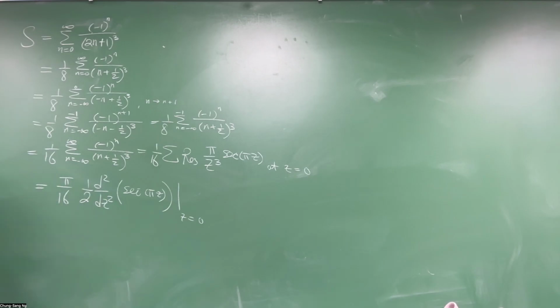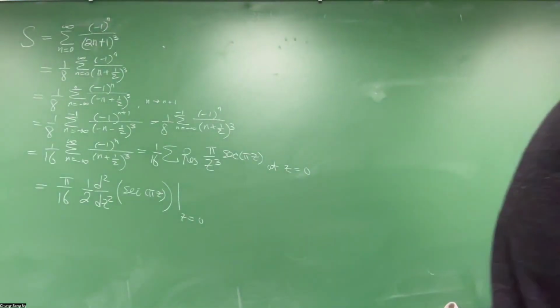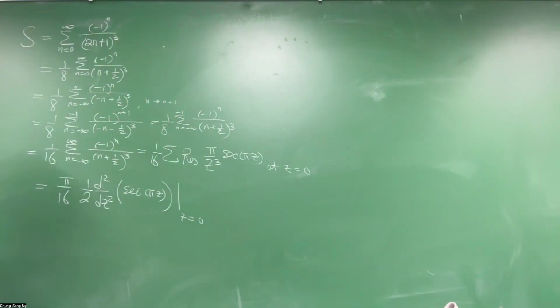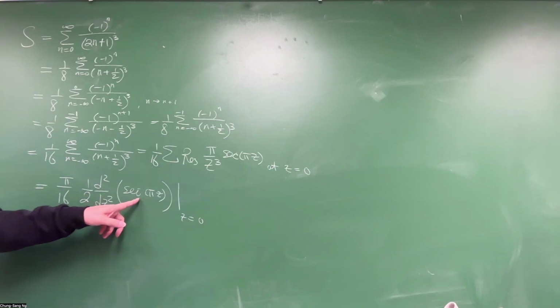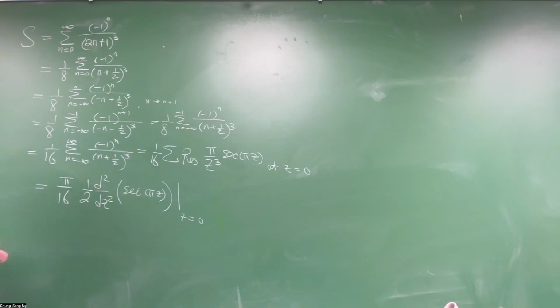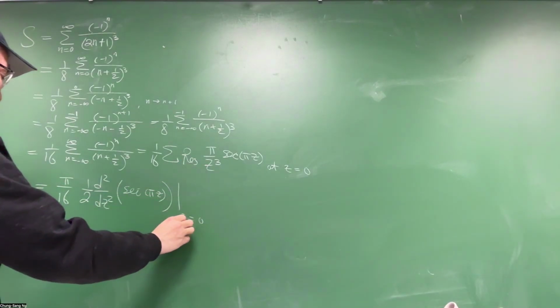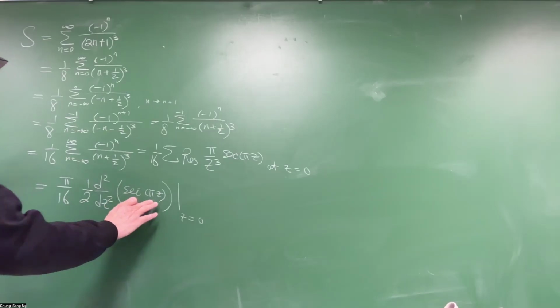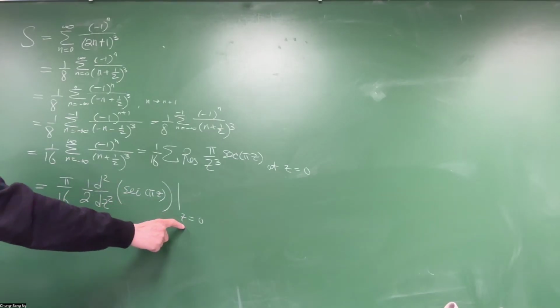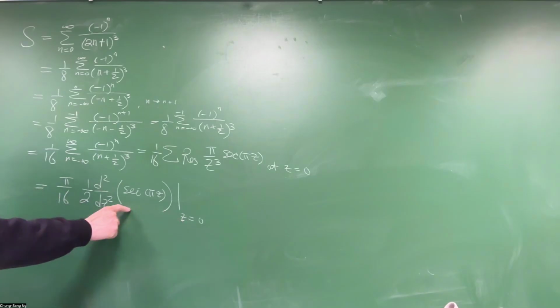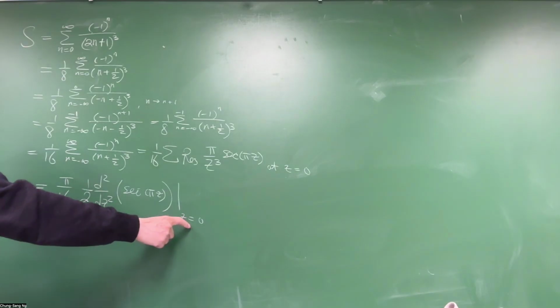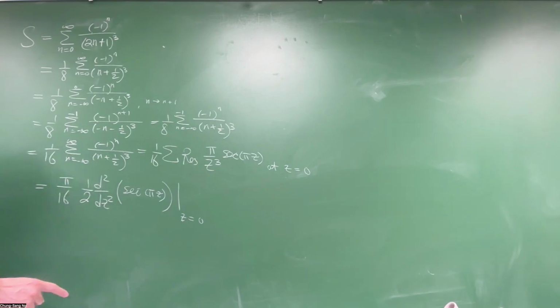Now you just do the usual thing, you carry out the derivative. You can look up the derivative and do a straightforward derivative; secant is 1 over cosine, which you probably can do. Another trick is to do a Taylor expansion around z equals 0.